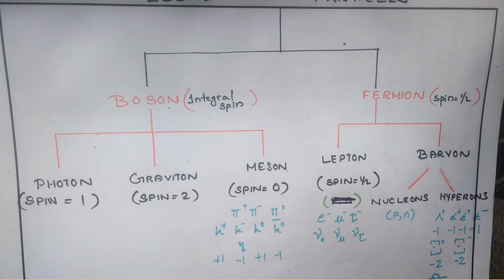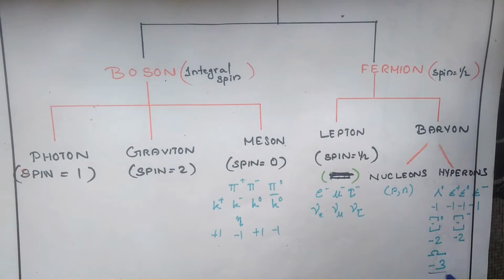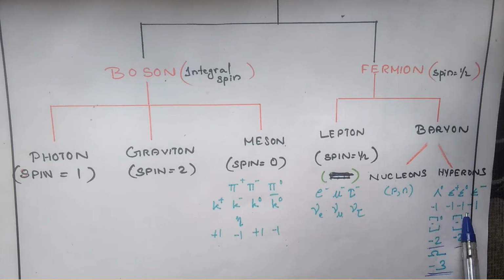And the last one is omega. The strangeness for omega is minus 3, for cascade 0 it is minus 2, and cascade minus is minus 2. For sigma, the strangeness is minus 1, and for lambda 0, it is also minus 1.